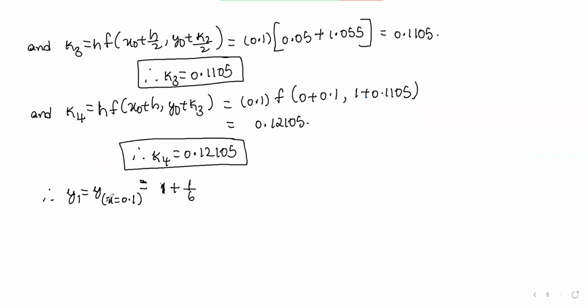y is equal to y0 అంటే 1 plus 1/6 into k1 అంటే 0.1 plus 2 into k2 plus k3 అంటే value చేస్తే 0.22 plus 0.2210 plus k4 వచ్చిన value 0.12105. That is equal to, addition చేస్తే 1.11034.